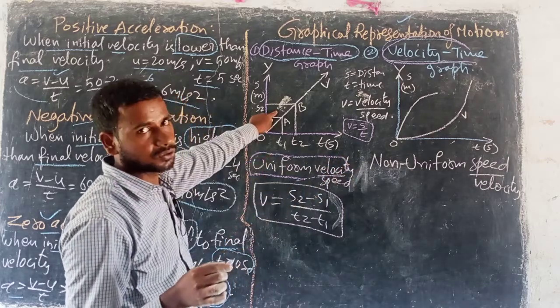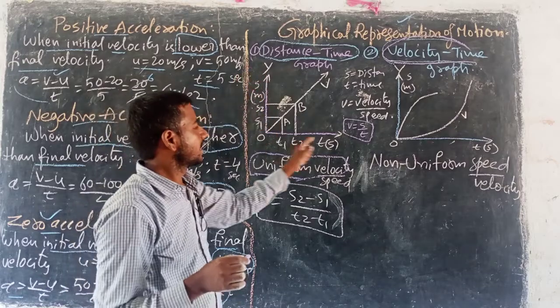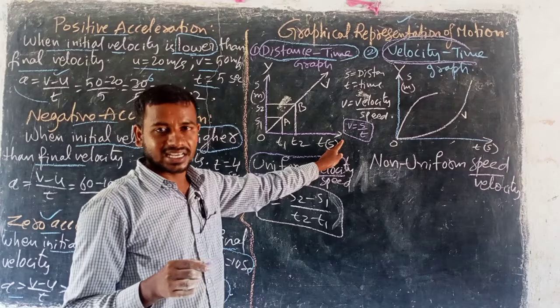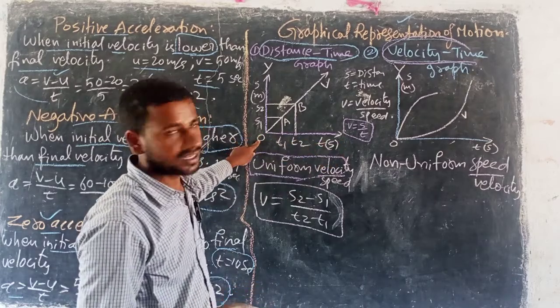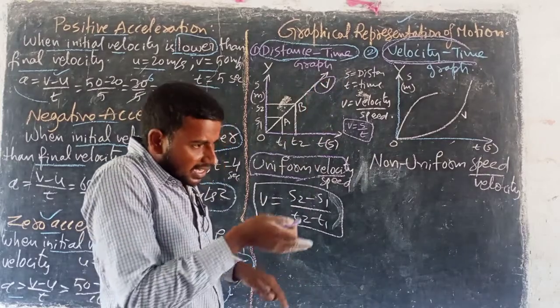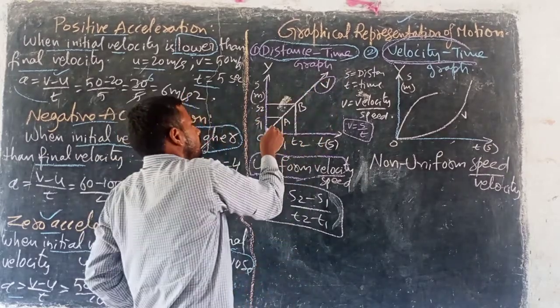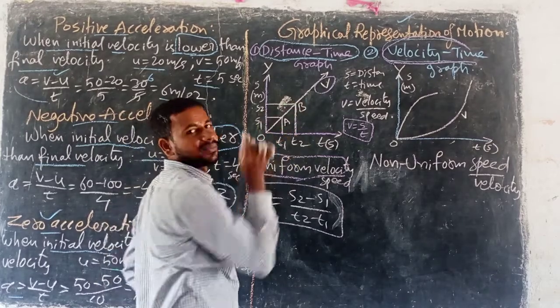Uniform velocity. Look here. This is for distance on the y-axis, and on the x-axis we take time. And here there is the 0 point. This is the velocity line B. The velocity line is going at 45 degrees.